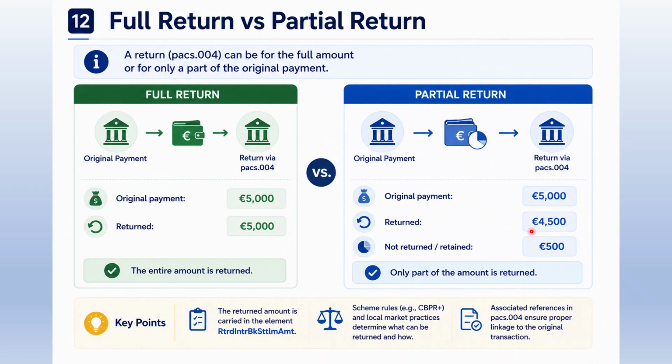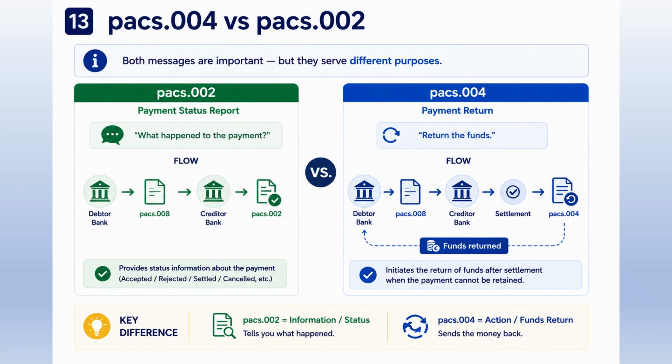The returned amount is represented in the pacs.004 message. However, whether partial returns are permitted and how they are handled depends on the applicable scheme, market practice, or bilateral rules. So, the message structure supports the returned amount, but the business rules still matter. This is another very important interview question.